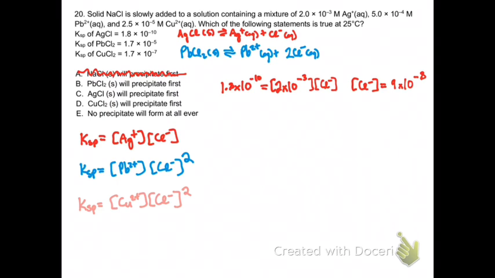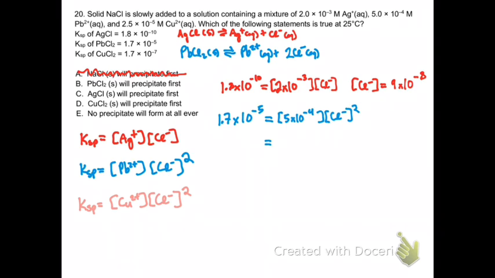So now let's do the calculation for the lead chloride. So 1.7 times 10 to the negative 5 is the KSP for this reaction right here. And then our lead 2 plus concentration is 5 times 10 to the negative fourth. So let's plug that in. And then it's going to be times Cl minus squared.